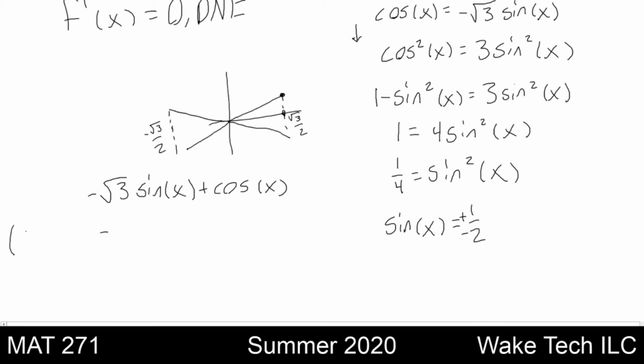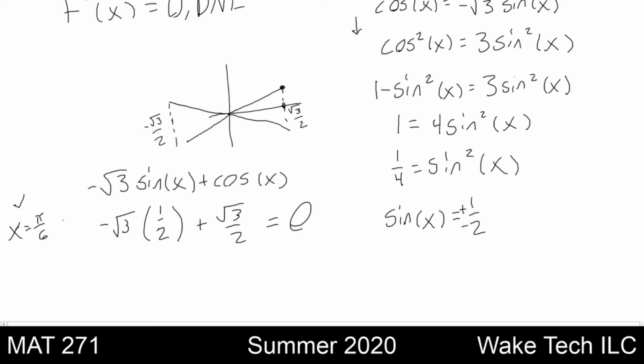So this is x equals pi over 6. I have negative square root of 3 times 1/2, which is our sine, plus square root of 3 over 2. You'll notice here we have negative square root of 3 over 2 plus the square root of 3 over 2, which is equal to 0. So this one works.